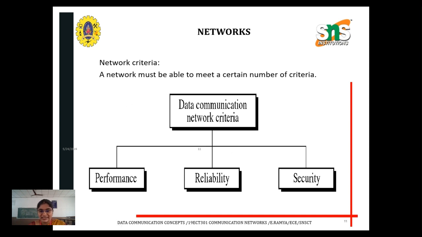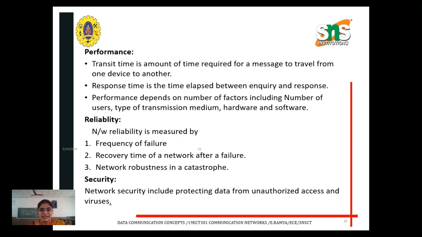Here we can see data communication criteria. We can split them into three criteria: performance, reliability, and security. The first is performance. Transit time is the amount of time required for a message to travel from one device to another.